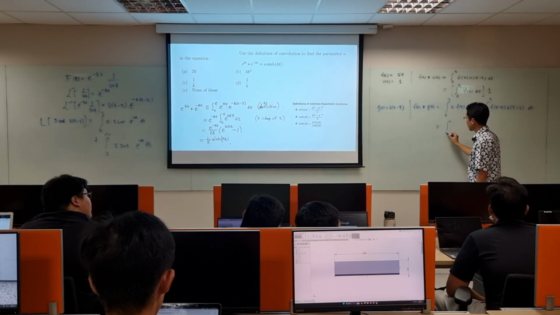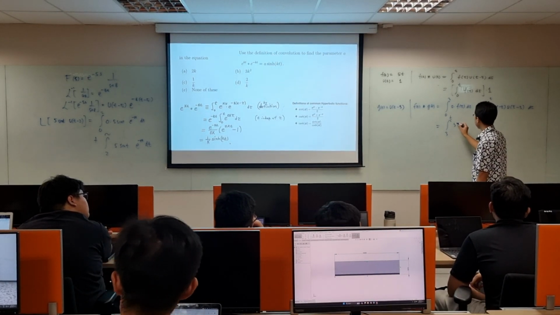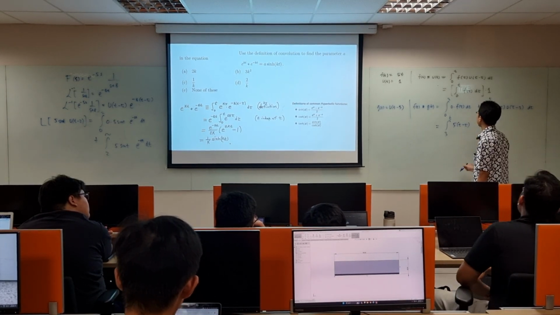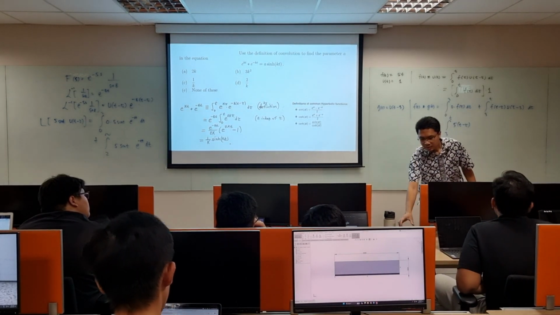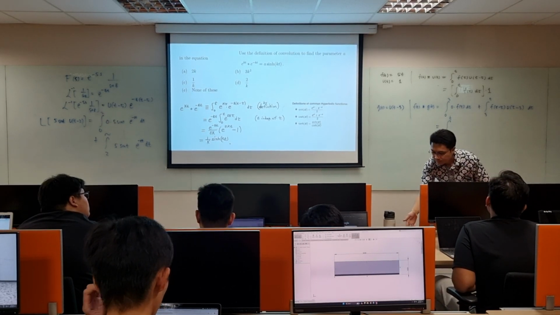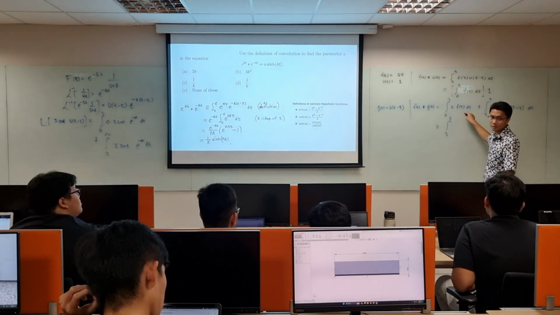So I will have from 3 to t, this is 5(t minus tau), or just f(t minus tau), so you don't get confused. So this part is gone, because this is 0.